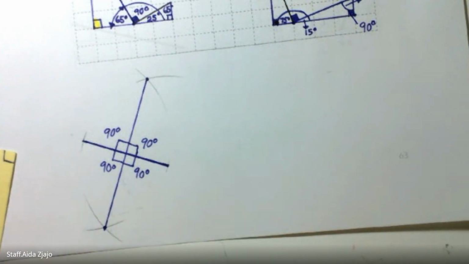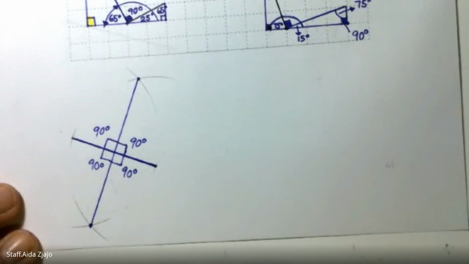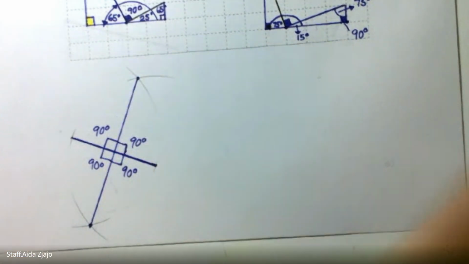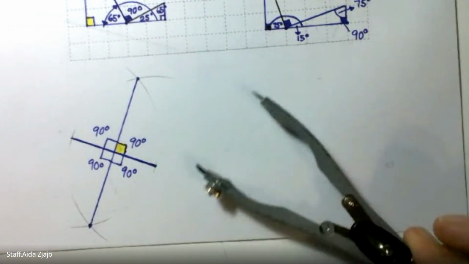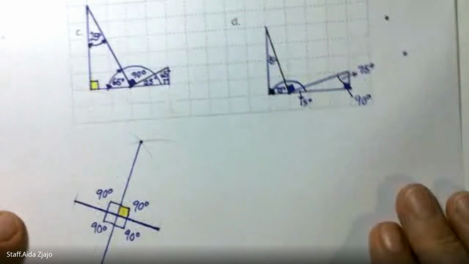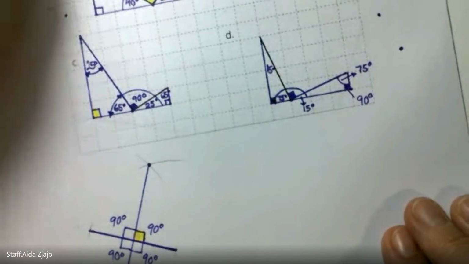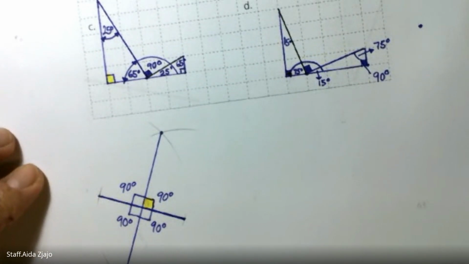So that's how we used to make a perpendicular line with the compass tool. Also, we can label.